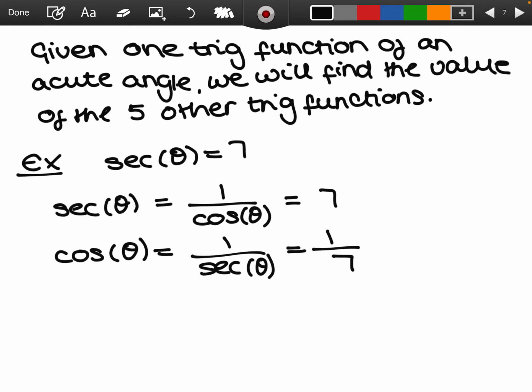If secant is 7, that must mean by reciprocals that cosine is 1 over 7. My advice to you here is keep it as simple as possible. By that, I mean when we look at our SOHCAHTOA, we said that cosine of the angle was adjacent divided by hypotenuse.